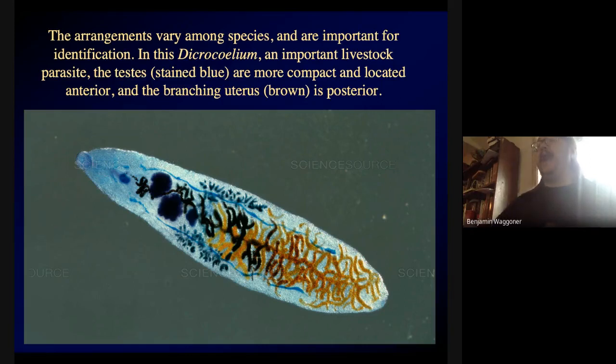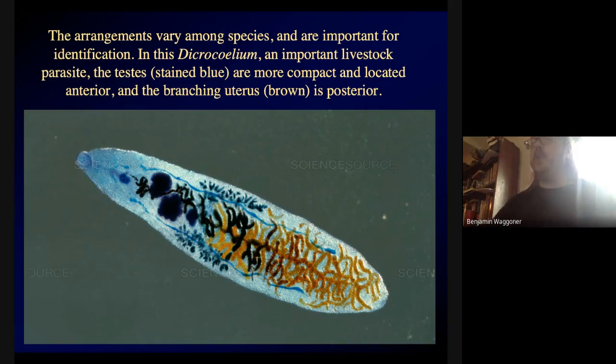And the testes are anterior, and those are stained dark blue. There's two of them, and they're a lot more compact. They're these dark blue, almost circular things that you see kind of up and to the left a bit. On the left and right sides of the organism, you can see the branching vitellaria.